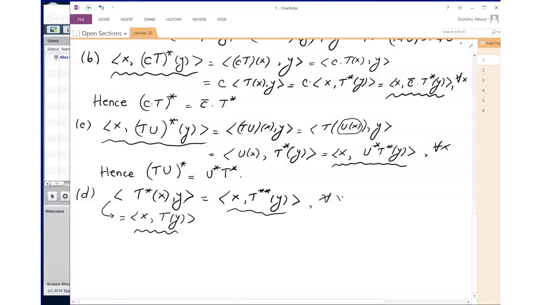And this again holds for every x. Therefore, T and T double star are equal. So T of y equals T double adjoint of y for any y, therefore T and T double adjoint are equal.